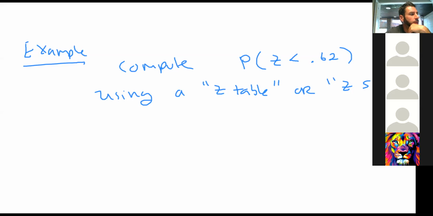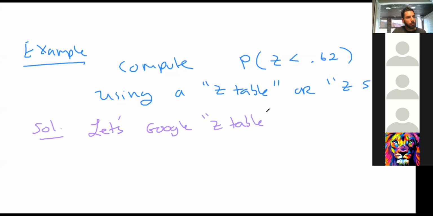So how are we going to do this? Let me come back to this and explain how we're going to solve it. Let's Google Z table, or open to the table in the back of the book.